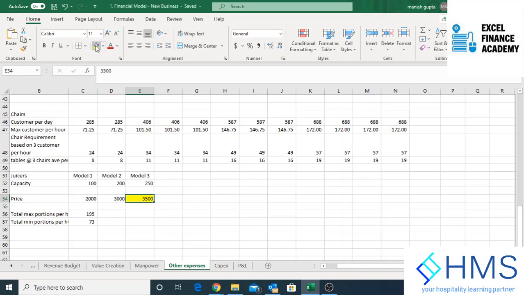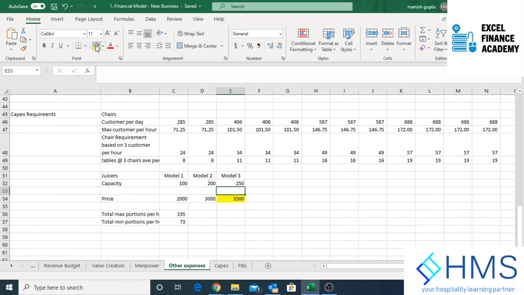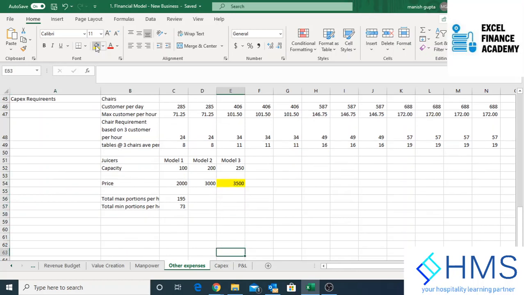Now there is one more choice. We finalize that if we want to buy a juicer, mixer, blender model, it's going to be this one. Now we have a choice: if we want to buy a separate juicer, separate mixer, separate blender, what is the cost going to be? We need the same model but different varieties, so that we can reduce the cost. You can always compare.